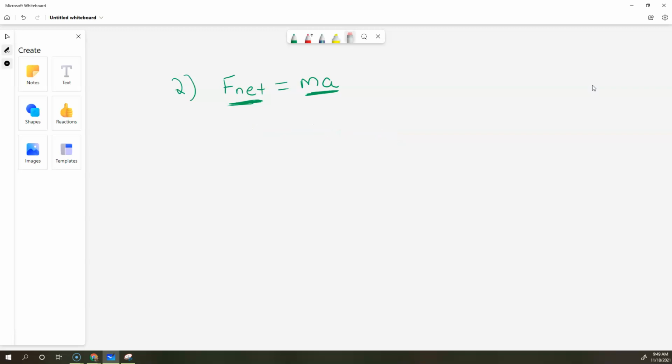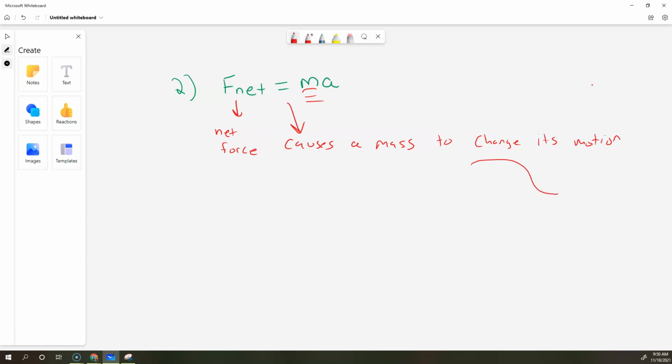But what does it really say? What it really says is that a net force causes a mass to change its motion, aka accelerate.